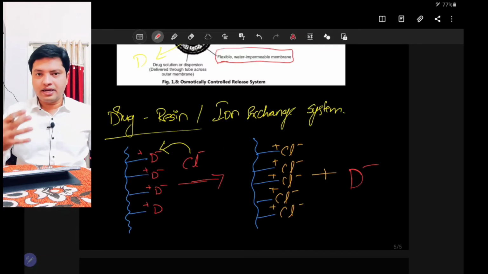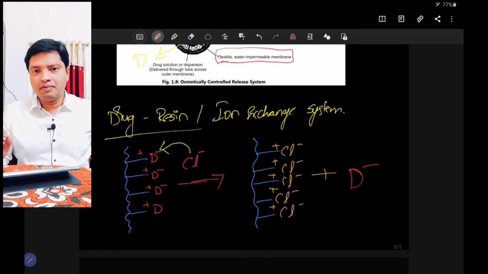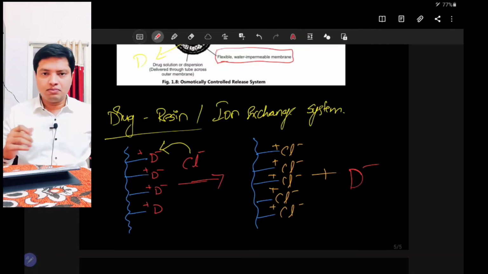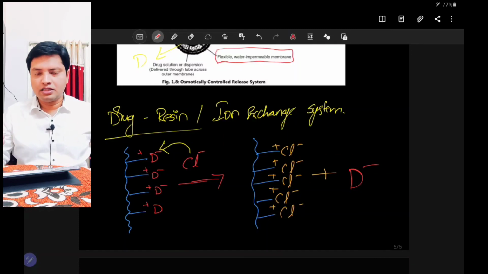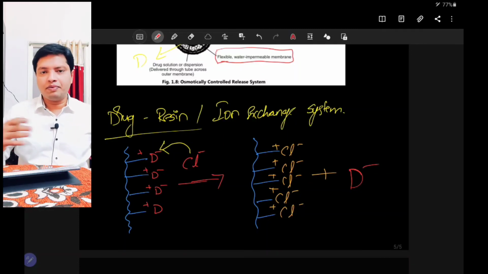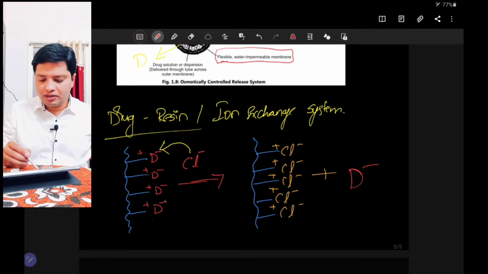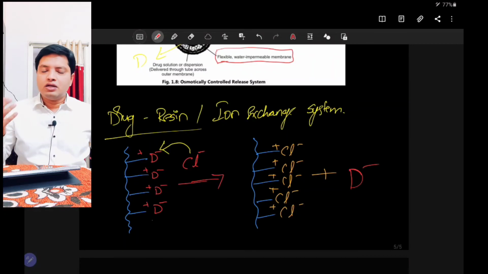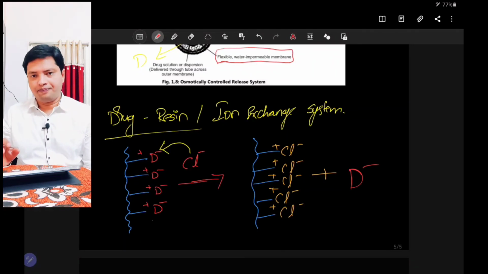What we have to do here is take a resin, form a complex with the drug, and punch them as a tablet. When the tablet goes into the stomach, slowly whatever ions are present in the stomach will try to replace the drug. This is for a drug with negative charge. Similarly, you can complex a drug with positive charge with a negative resin.